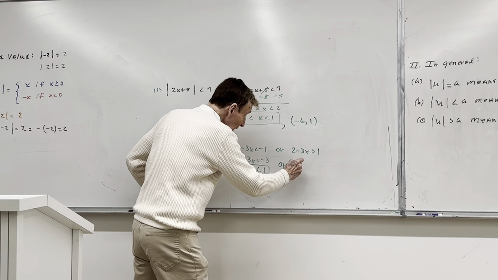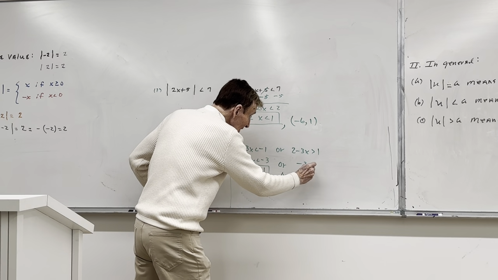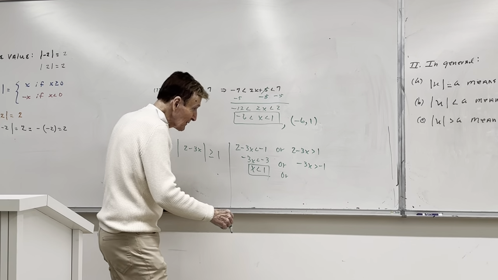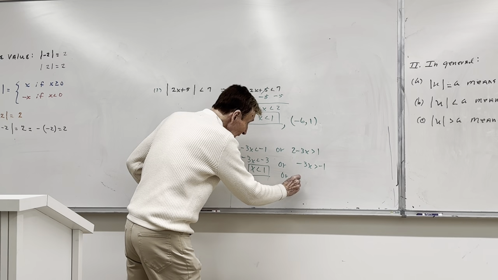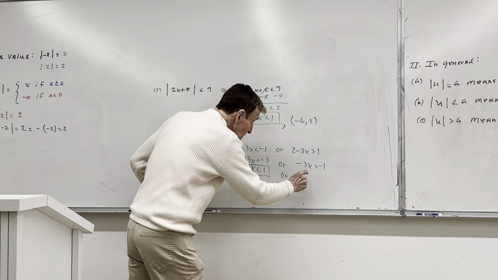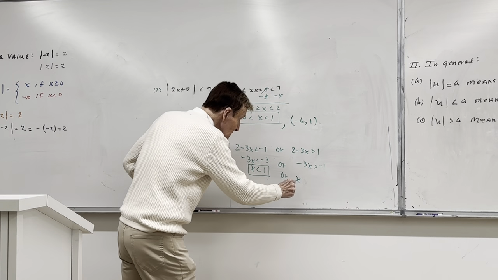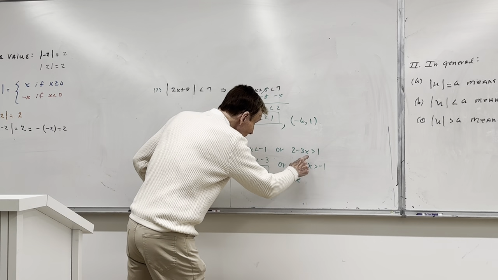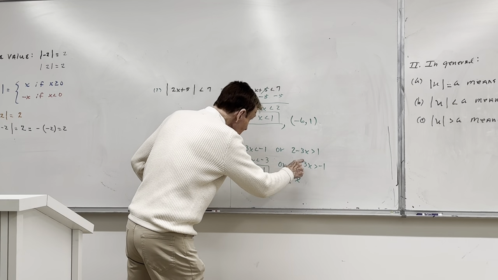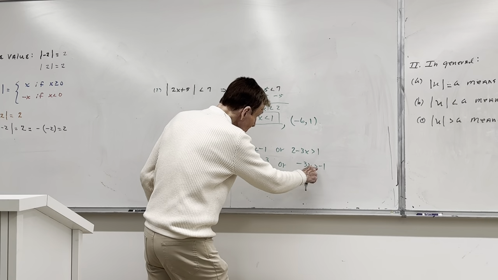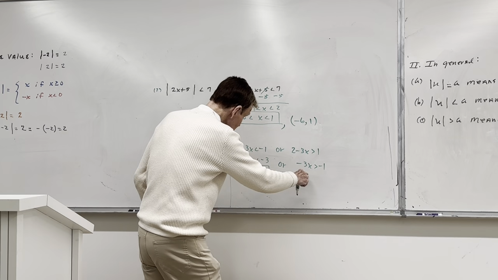Negative 3x is greater than negative 1, just move the 2 over. Divide by negative 3, reverse my symbol. X is less than, where am I? What did I do here? Yeah, x is greater than, what in the world did I do here? Is this negative 1 here? It is. Reverse my symbol.